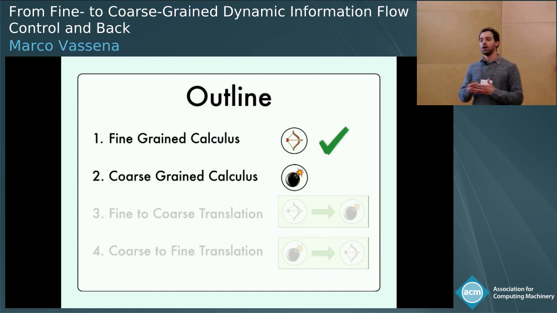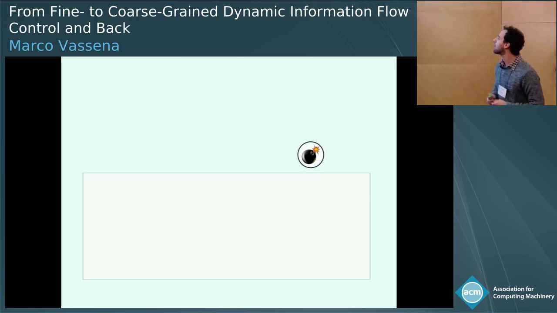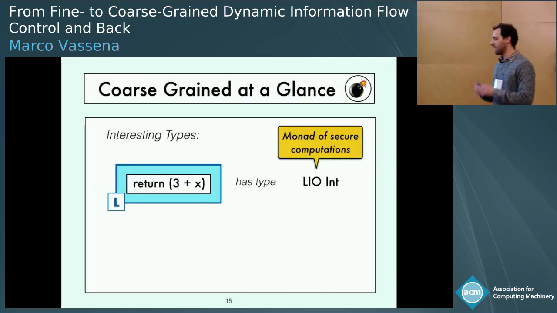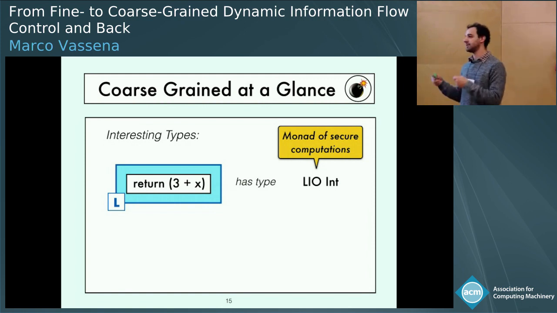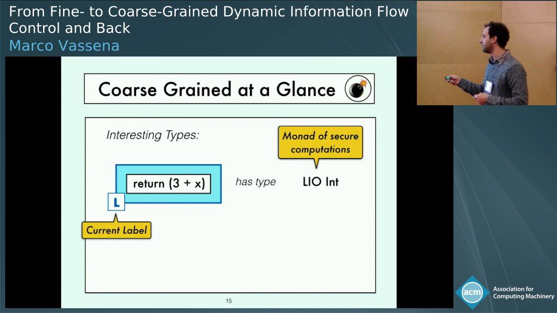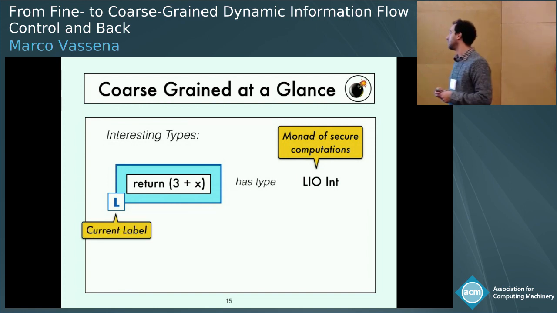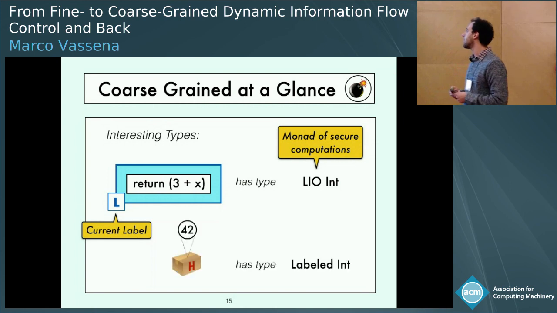Now I'm going to show you the coarse-grained calculus, for which I'm going to use the bomb as an icon. So the coarse-grained calculus uses monads to structure programs. In particular, in this calculus, the values are not labeled, but are protected by the current label, which is part of the monad.